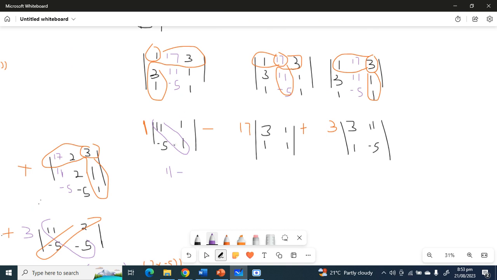Minus, then trailing diagonal, 1 times -5, get -5.